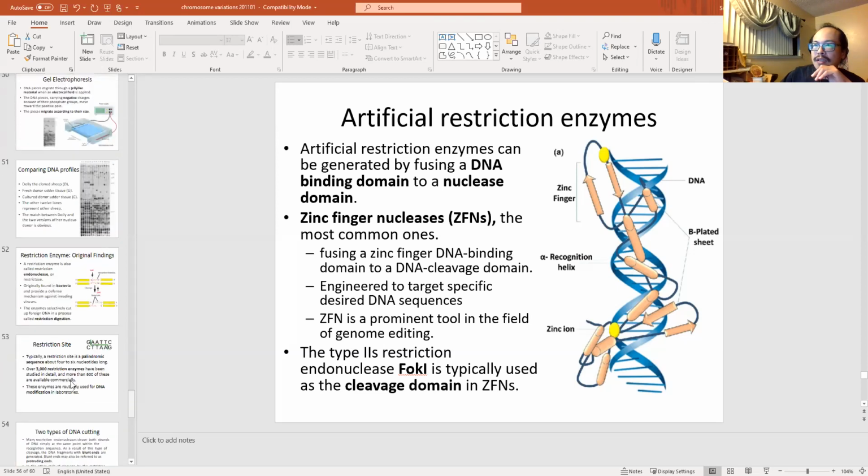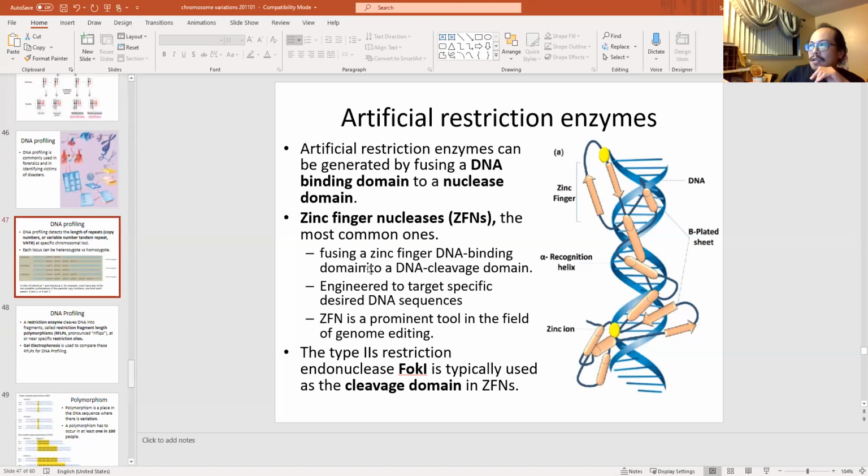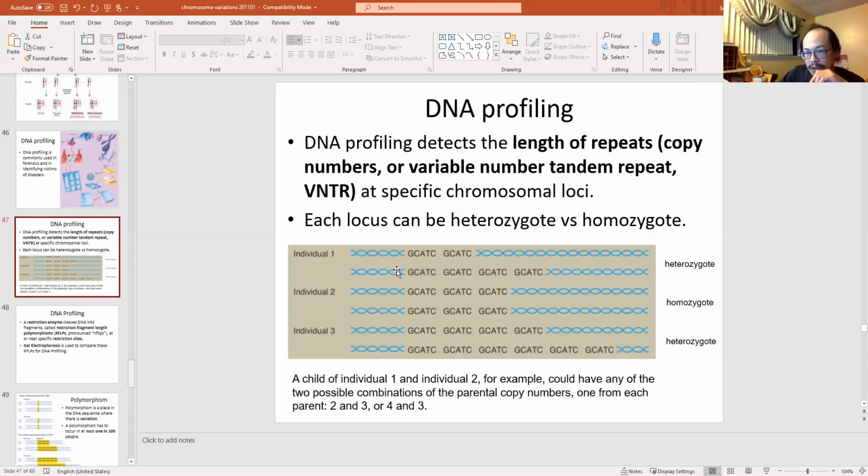So that basically is a technique that we can use to cut these different tandem repeats, and then we can measure the length to distinguish if this DNA matches with the other DNA.